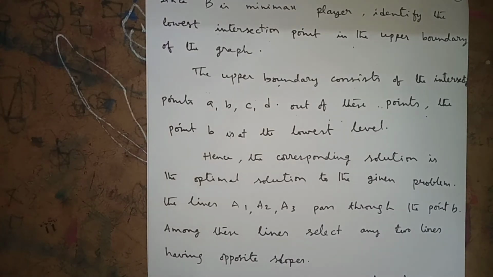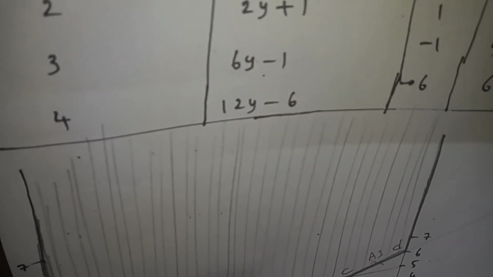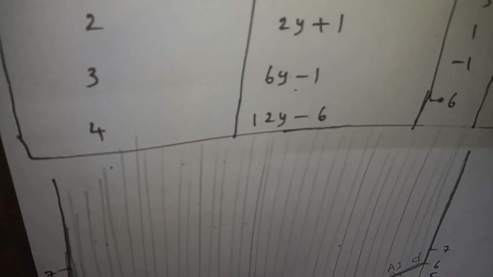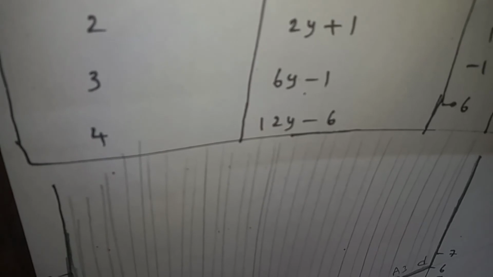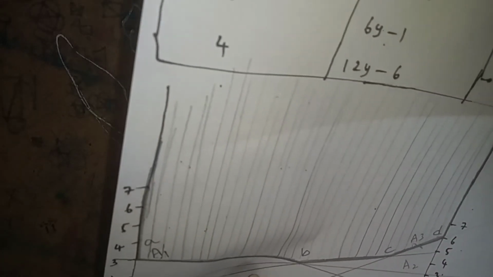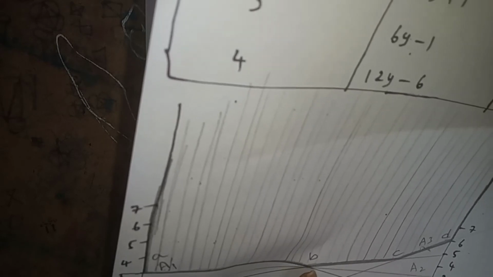Now B is the intersection of A1 and A2 or A3, that is your wish, because there is an intersection of 3 lines here. This is the intersection of A1, A2, A3. B is the intersection of A1, A2, A3. That's why either A2 or A3 you can take, that is your wish.